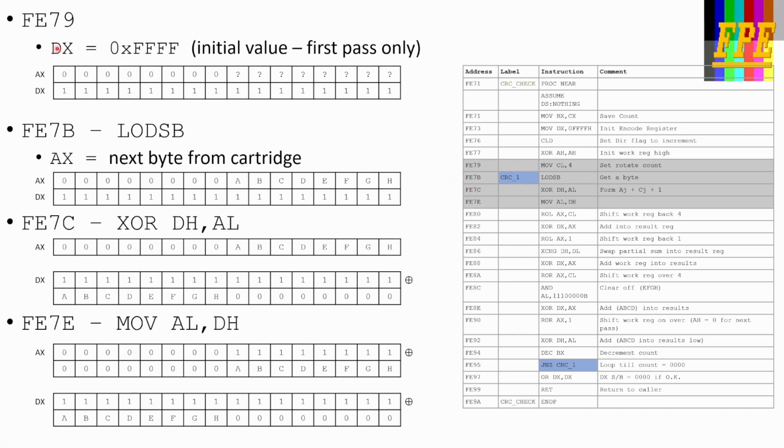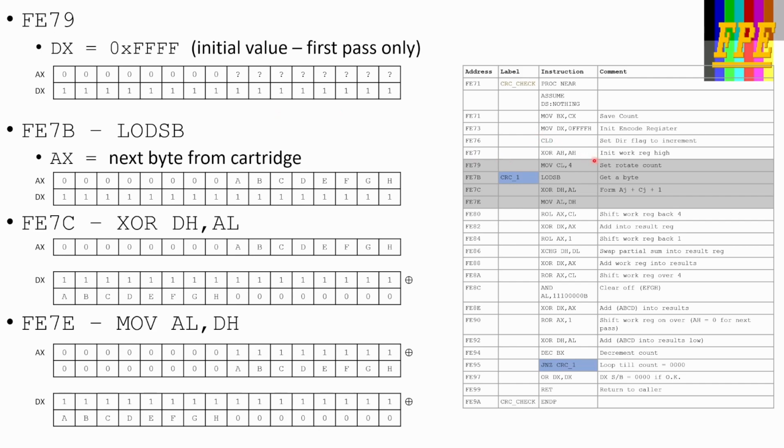So, starting from the beginning, I've got the addresses on each bullet and the instruction on it. You can cross-reference it with the highlighted section, but in this case, I'm only going to go through the initial pass on this code. I've got the AX and DX registers here. The working register for the CRC is actually DX.